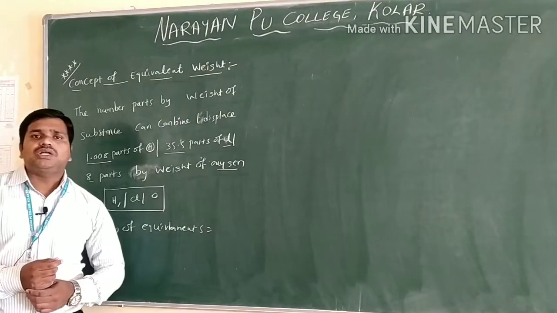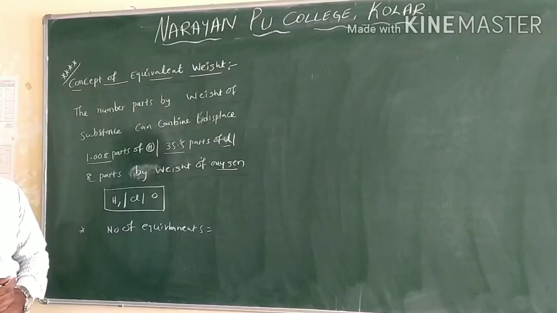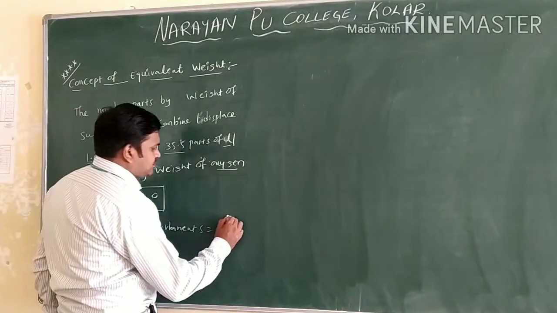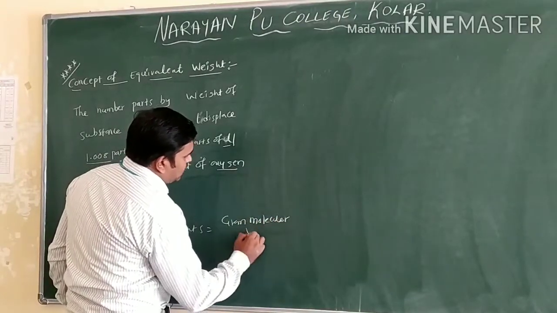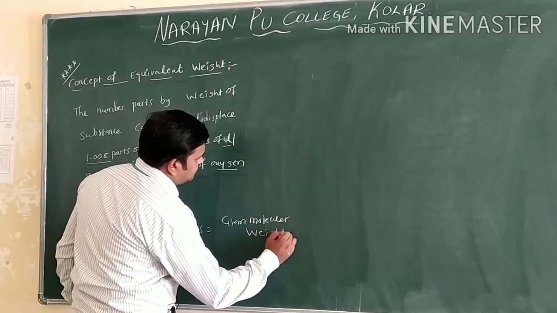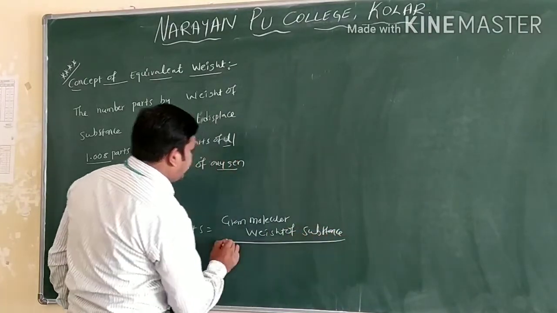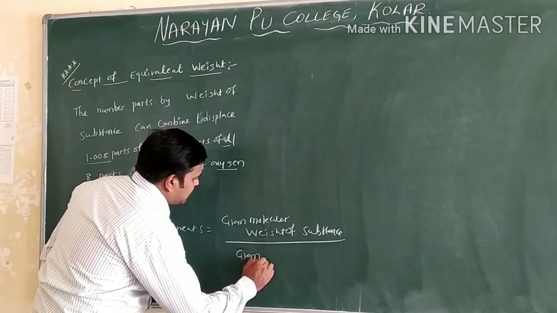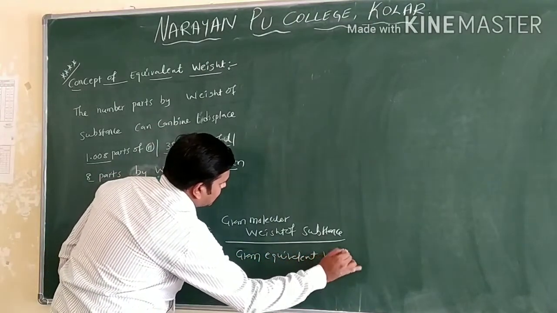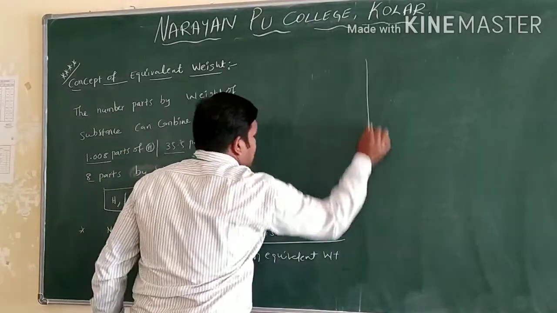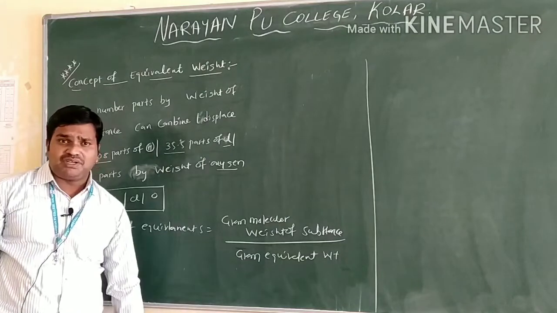You can write it as the gram molecular weight of the substance divided by the gram equivalent weight of the substance.